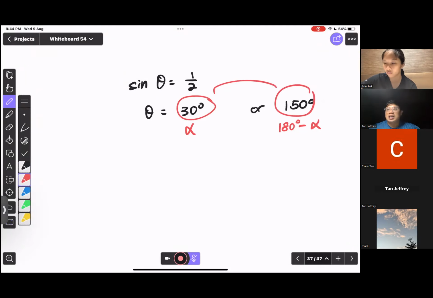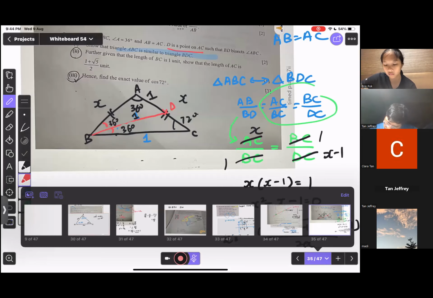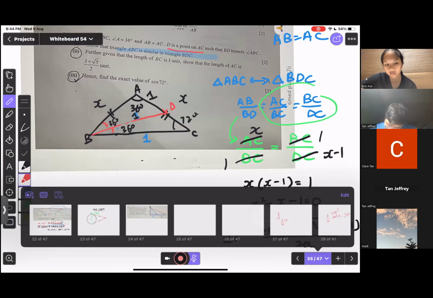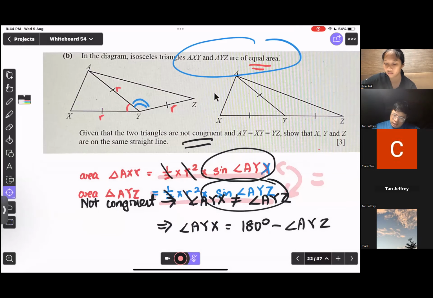They add up to 180. So just now, that question that you asked me is the same. If they are not equal, that means they are supplementary of each other. One is first quadrant, one is second quadrant, but they both add up to 180.